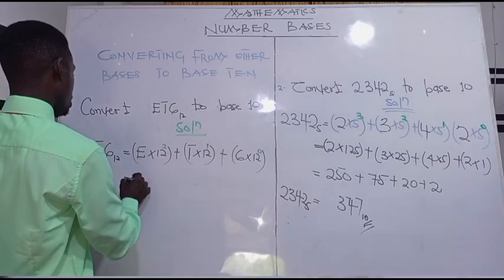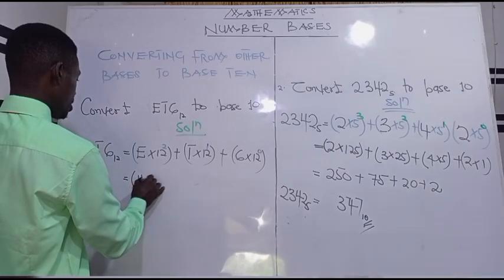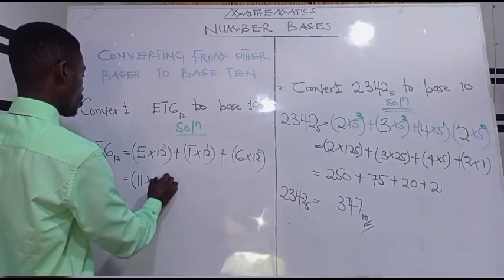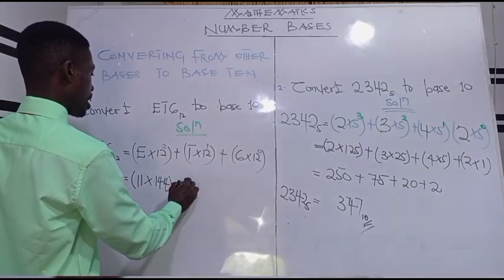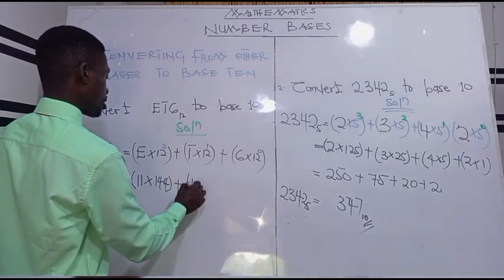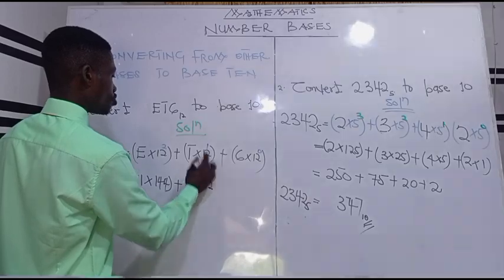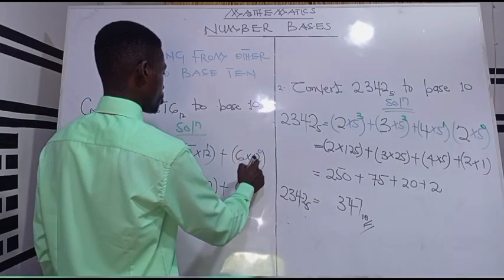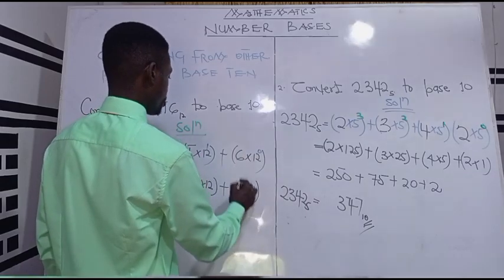So we have E means 11, right? So we have 11 times 12 raised to the power 2, which is 144, plus, as I said, T in number bases means what? 10. So 10 times 12 power 1 is 12, plus 6 times 12 raised to the power 0 is 1.